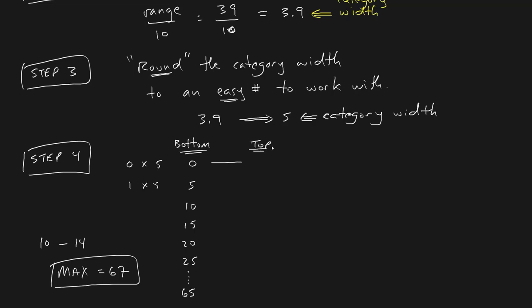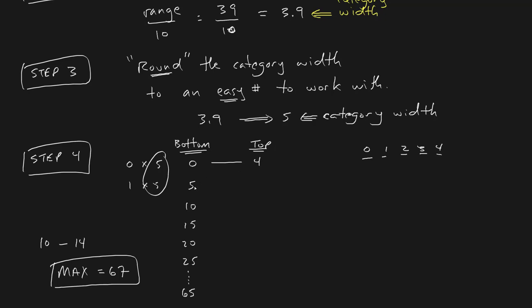So not only am I doing multiples of 5 to get the bottom, the width is also going to be 5. So 5 numbers starting at 0 is going to be 0, 1, 2, 3, 4, and that's it. This is 1, 2, 3, 4, 5 numbers. So from 0 to 4 is my very lowest category. And then here's where it picks up.